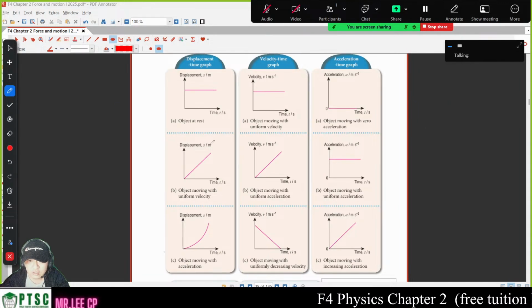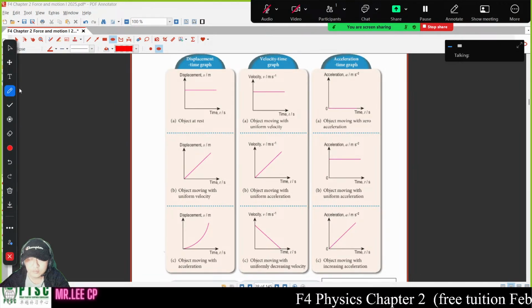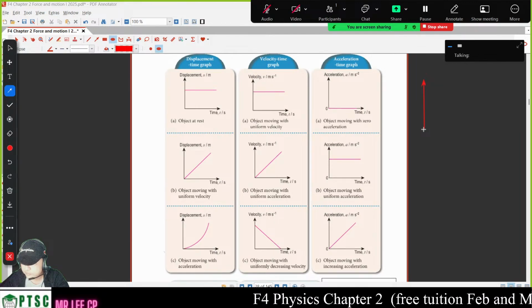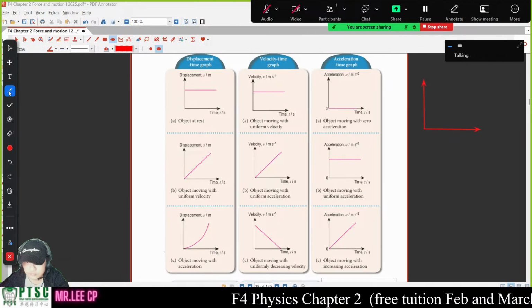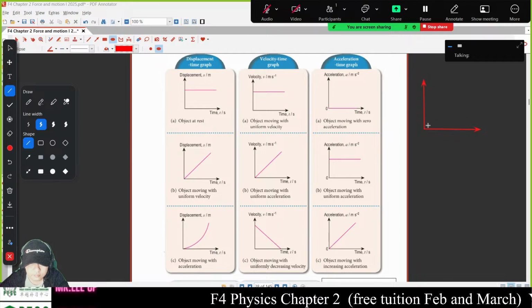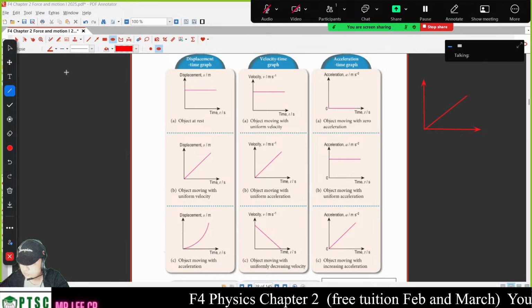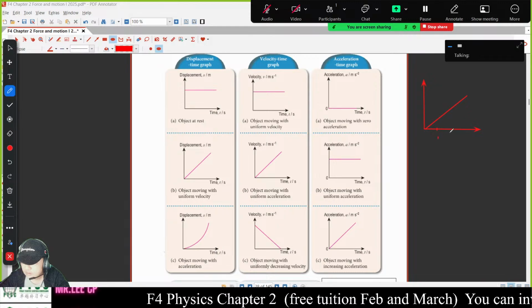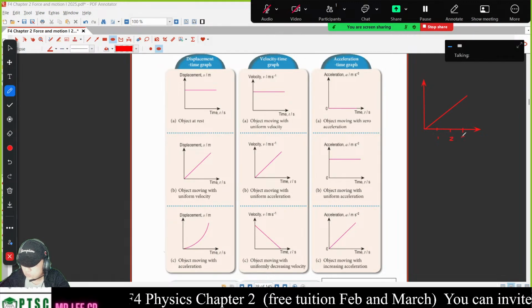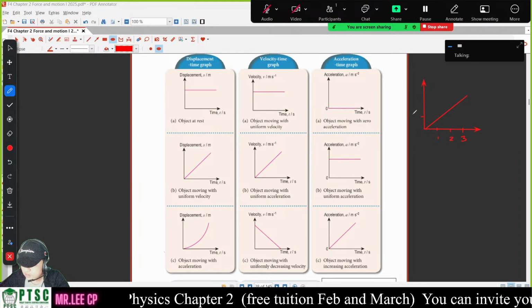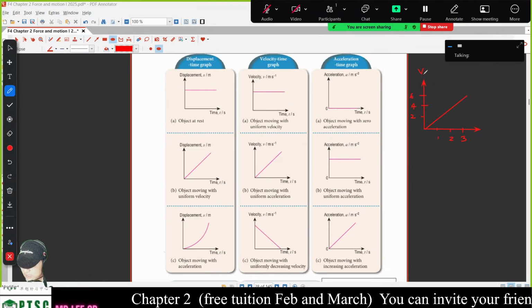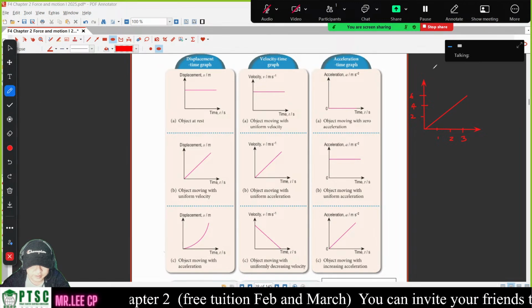So now what about this graph? Okay, now 1, 2, 3, so 2, 4, 6, let's say. Right, this is S, sorry.